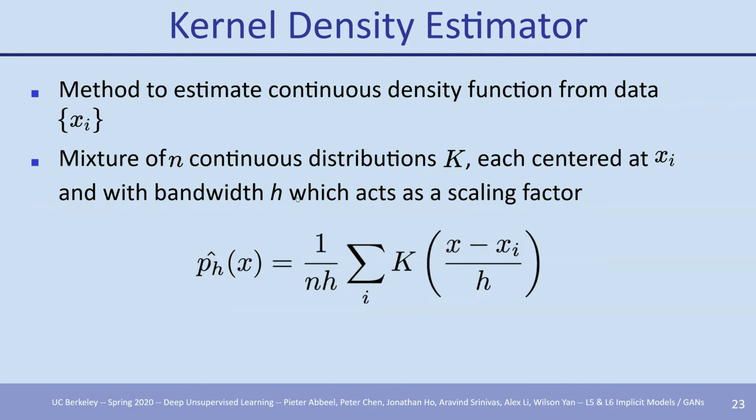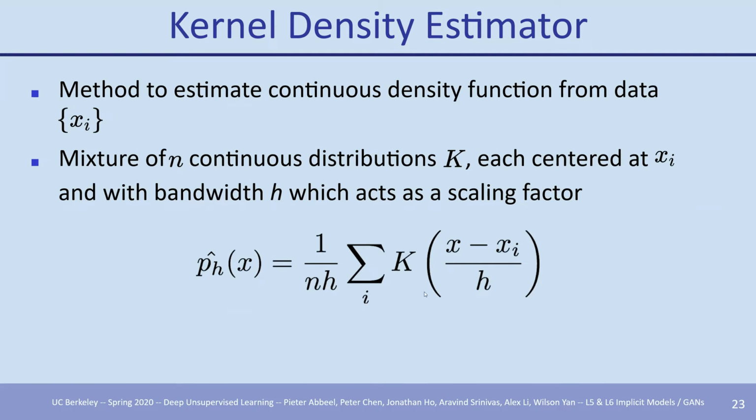Bandwidth is just a scaling factor. You can see it scales the data by h, and then it does 1 over h. So it's acting as a standard deviation and also as a scaling factor in the front.